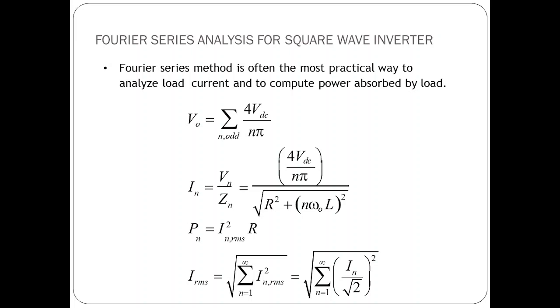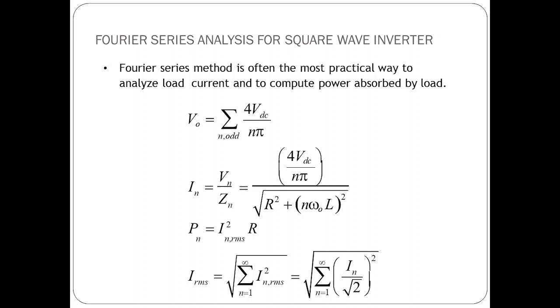Here n ranges from 1 to infinity, and therefore In is equal to Vn by Zn, that is equal to 4 into VDC by n pi divided by square root of R square plus (n omega naught L) whole square. Now we will see that P is equal to In square RMS into R.